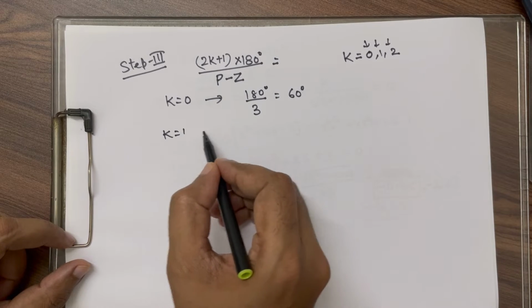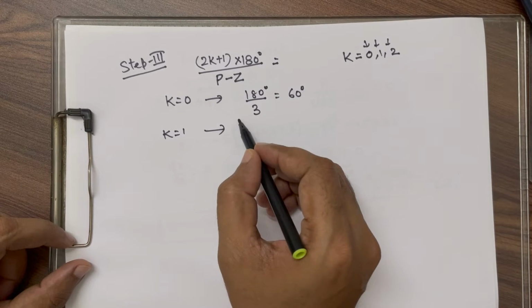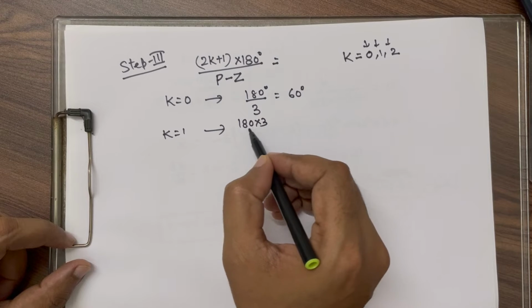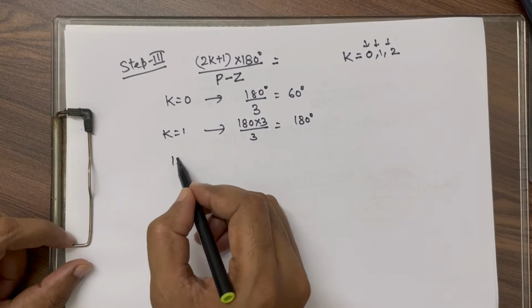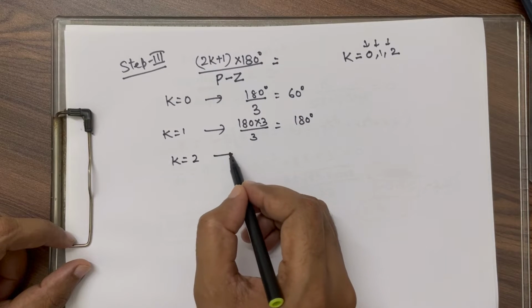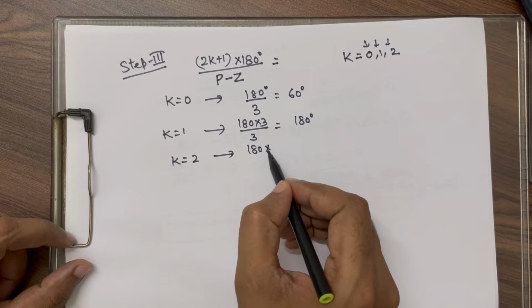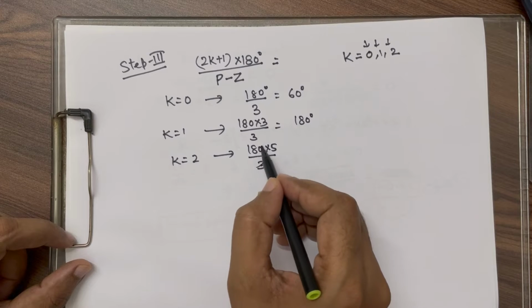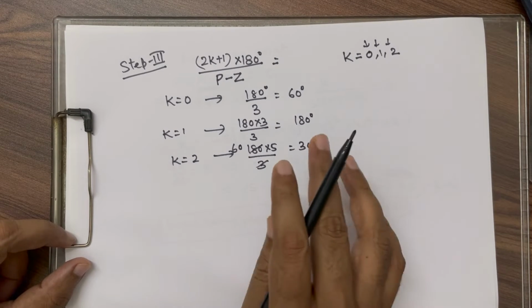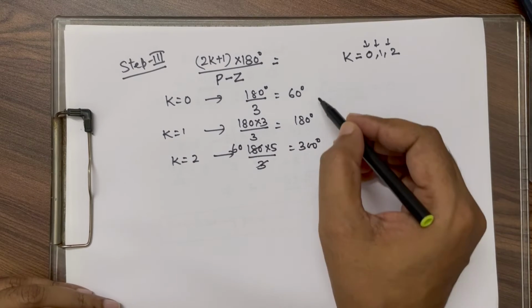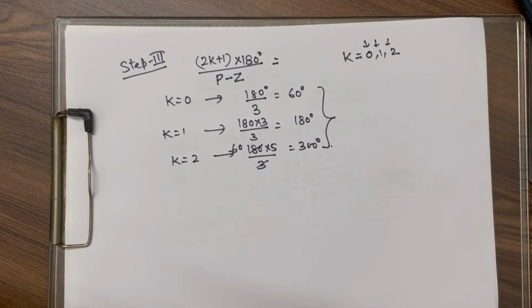Then k equal to 1, it will become 180 into 3 divided by 3, which is 180 degree. And k equal to 2, we get 180 into 5 by 3, so it is 300 degree. So there will be 3 asymptotes having these angles.